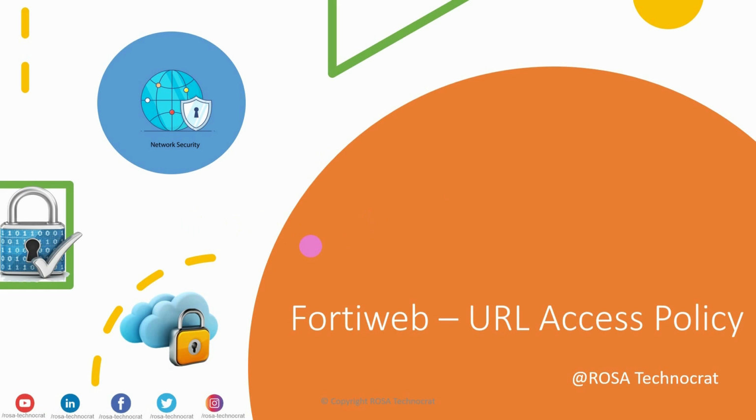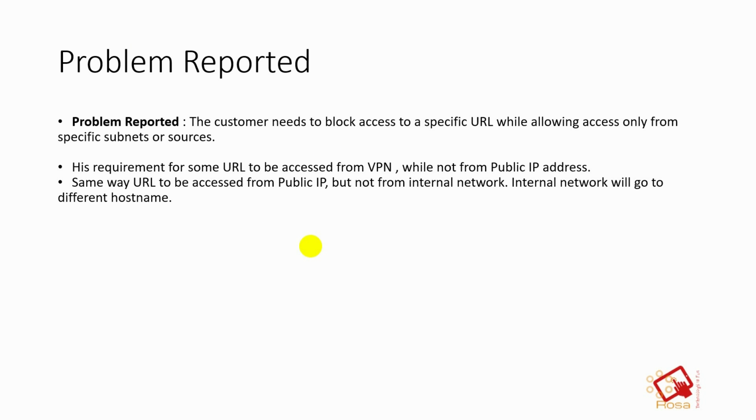Today we are going to discuss URL access policy on Fortiweb. Let's start. How this topic came into my mind is that recently I had an issue where one of my business units, or one of my customers, required blocking some specific URLs from the public while providing access to VPN users.